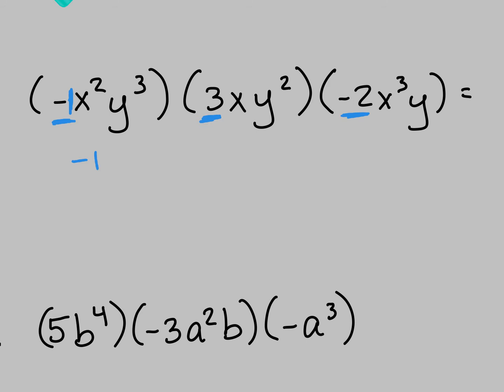So I have negative 1 times 3 times negative 2. What's negative 1 times 3 times negative 2? 6. Positive 6 or negative 6? Positive, because a negative times a negative is a positive.